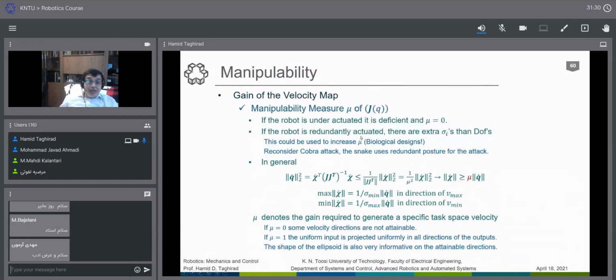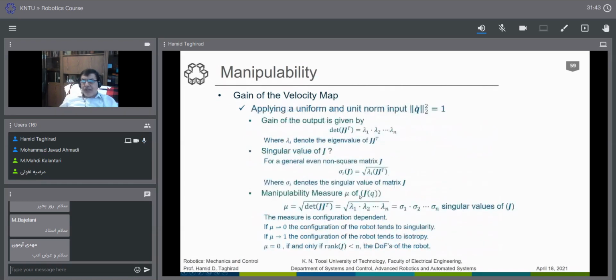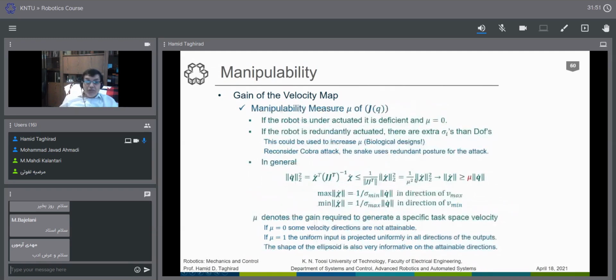Regarding the Jacobian, we can see that if the robot is redundantly actuated, we have some extra singular values. We had 3 degrees of freedom. This JJ transpose is 3 by 3, but we have 4 singular values. We have 1 or 2 extra depending on the degree of redundancy.